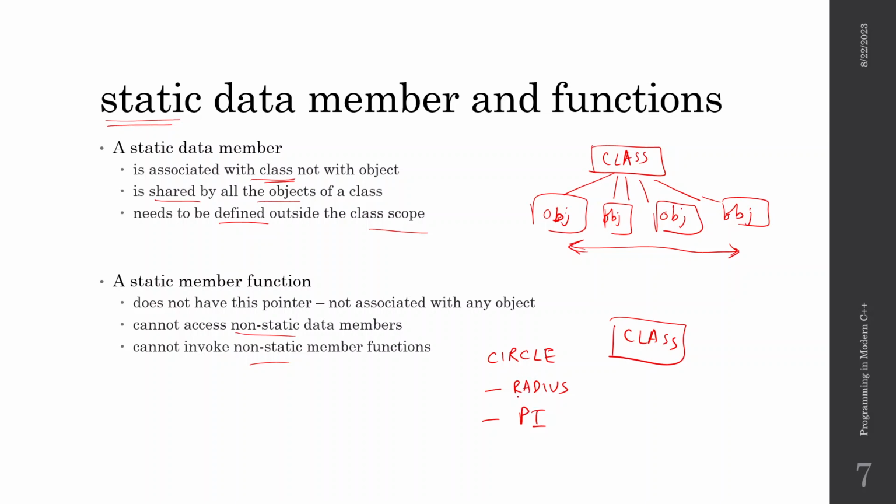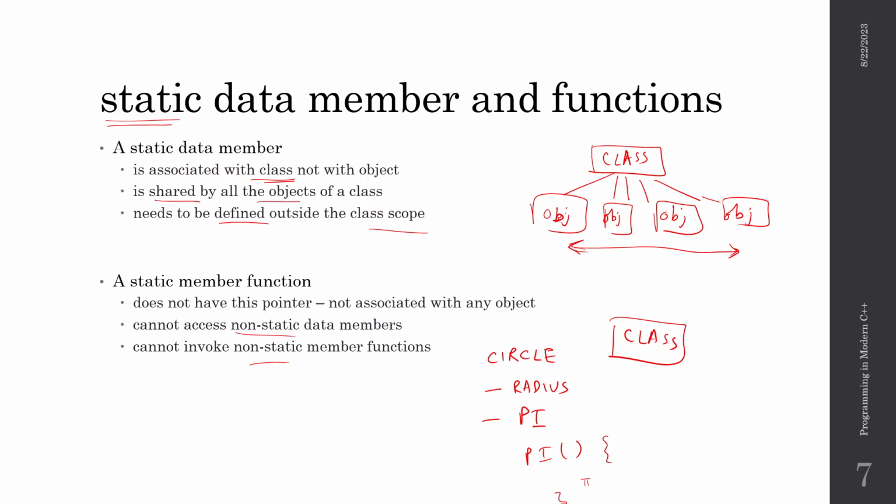It can be shared by all the objects, because it is independent of the radius of the circle, so we can make pi a static data member. Similarly, let us say that we have a function called pi which returns the value of pi. This will logically belong with the circle class, but it does not depend on the radius of the circle, so we can make it a static member function.